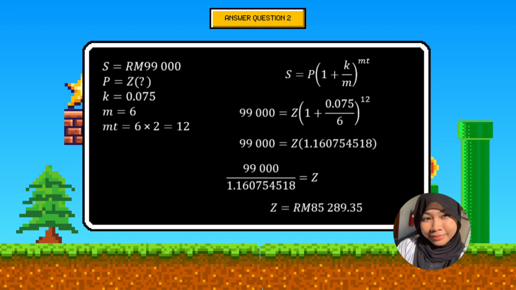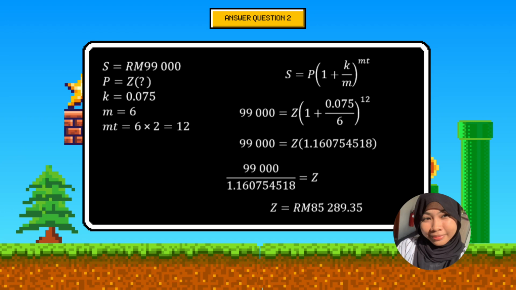The M, compounding frequency, is 6 because it says that it compounded every 2 months. And the T, which is time, is 2 years. So we have to multiply the 6 with 2 to get the MT, and we get 12.